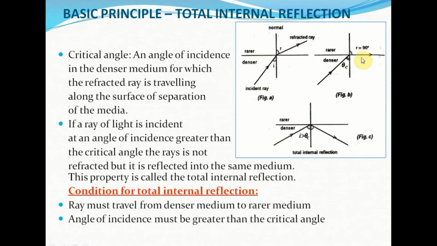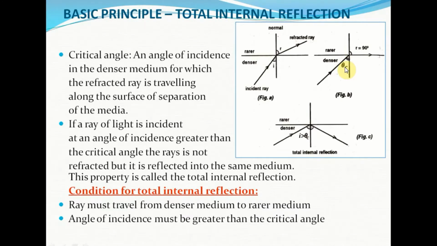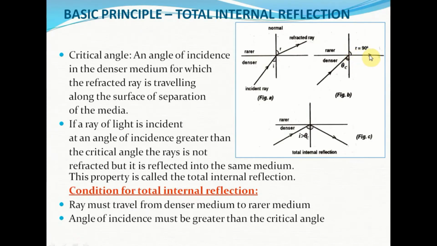Now here at a particular angle of incidence, we will say this is the critical angle. That means at the critical angle the refracted ray will be traveling along the surface of separation between two medias. That means the angle of refraction will be 90 degree.